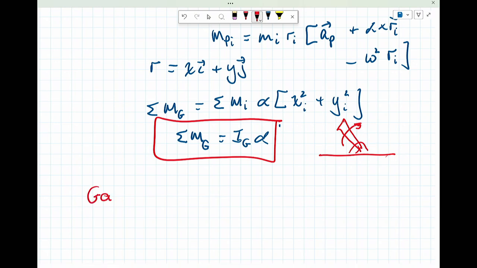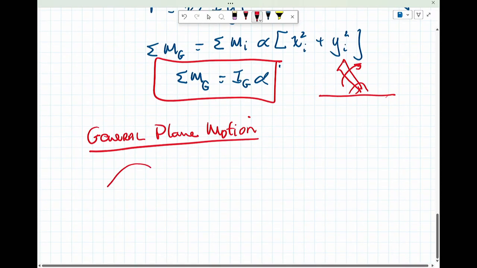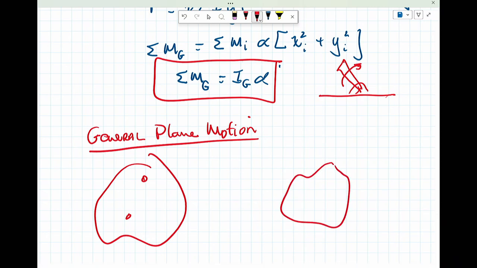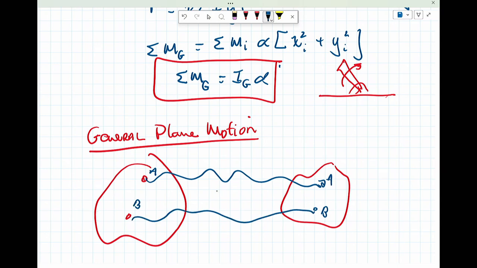General plane motion. So I have a body, and it undergoes some sort of motion. As it's moving along, it's both translating and rotating simultaneously. So however it does it, there you go.